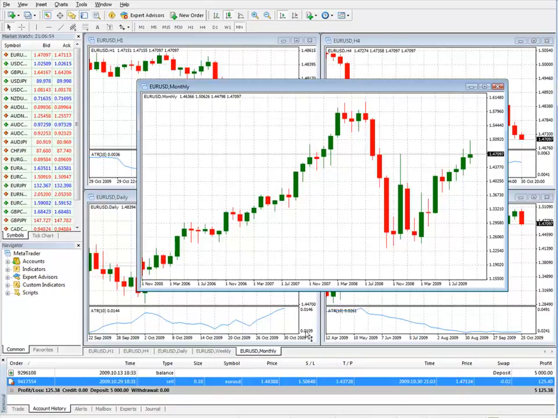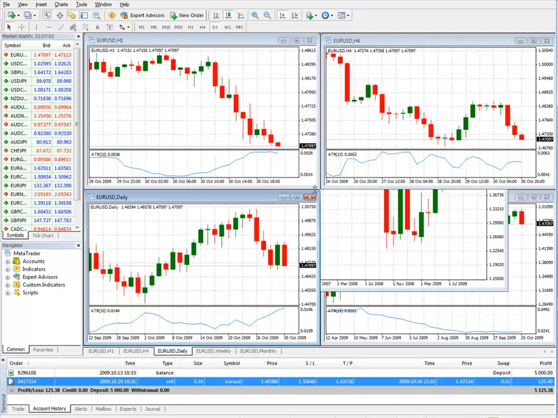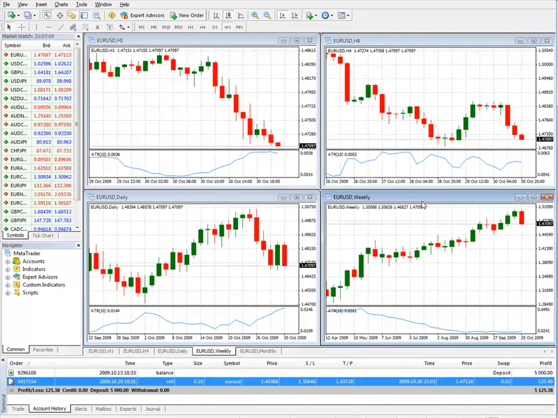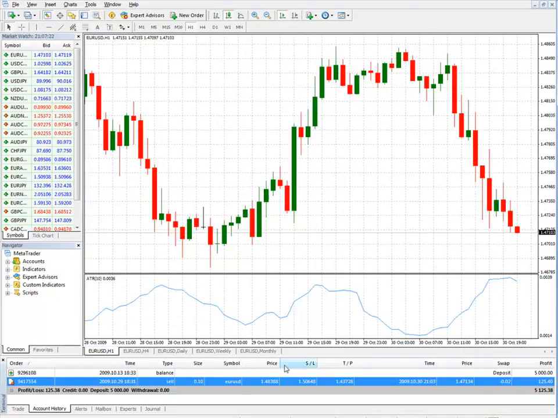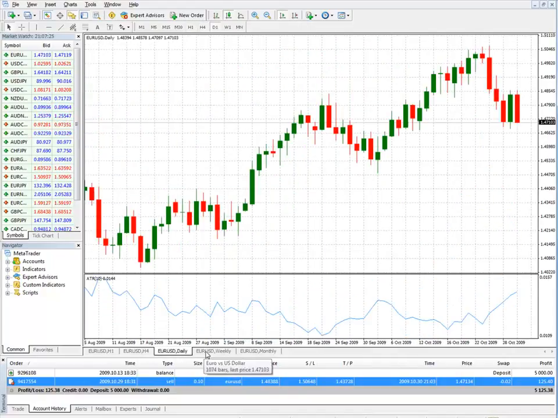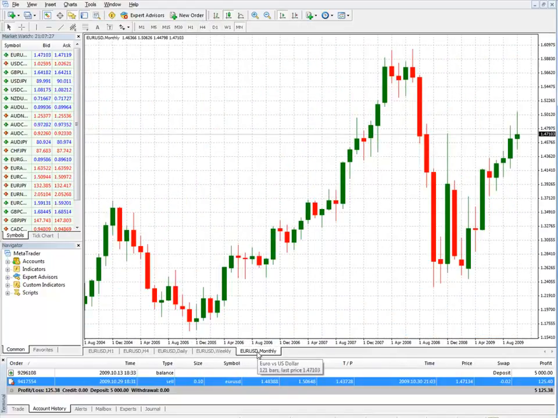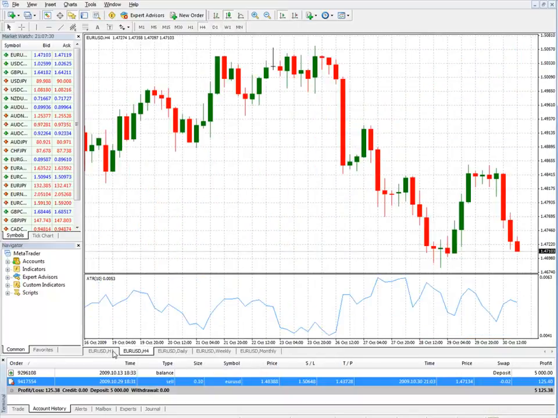Okay, so we can easily hide that behind the ones we look at more regularly, or we can go up here and say we're going to tile them horizontally, hourly and 4-hour, and daily, weekly, and monthly, which is fine. We can do it in this way, and each of these, of course, when we want to look at them, we can just go and look at them on a larger scale. No problem at all.